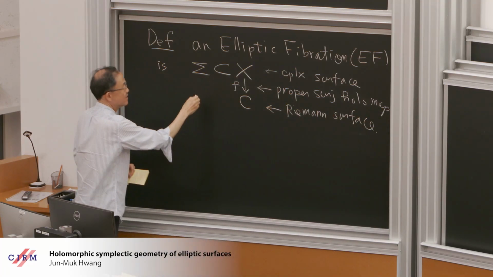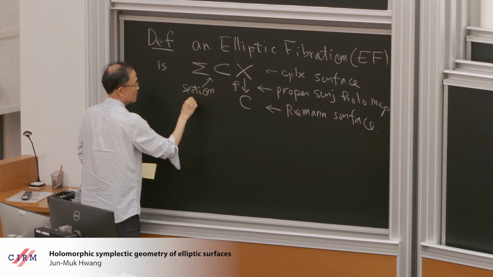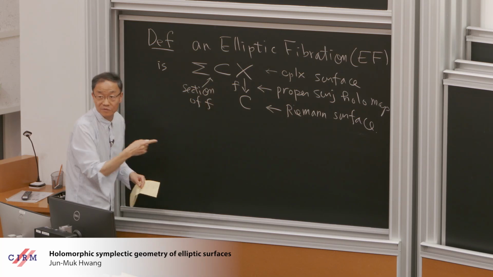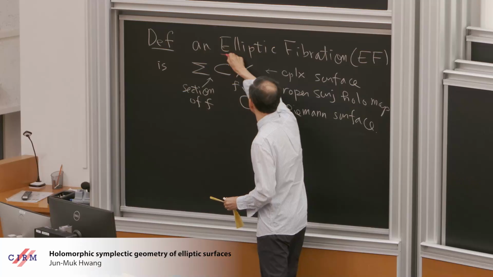And sigma is a section. So this is what I mean by elliptic fibration. There are other definitions, but for today we'll use this definition.